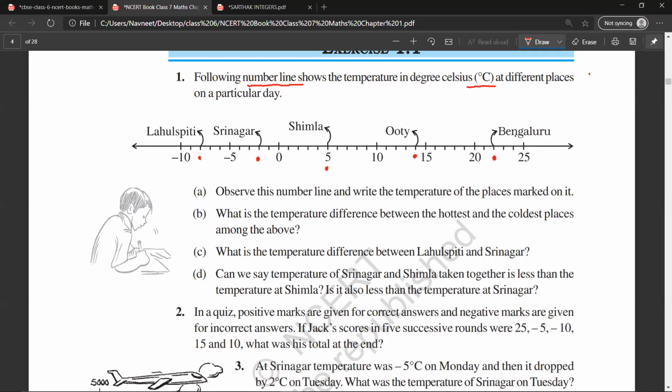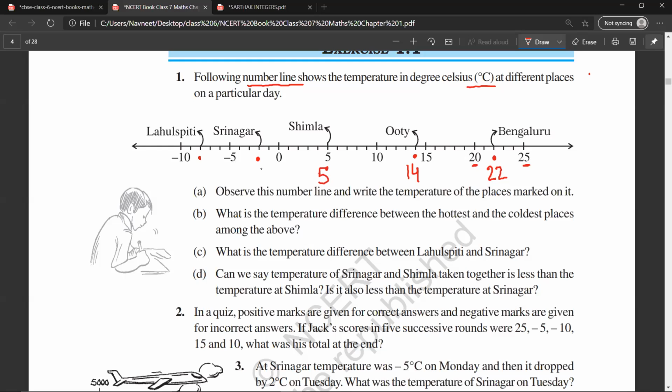First tell me, what is the temperature of Bengaluru? Plus 22 degrees Celsius. Shabash. Ooty will be 14 degrees. Shimla would be 5 degrees.